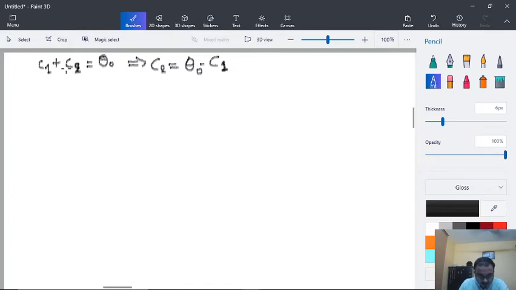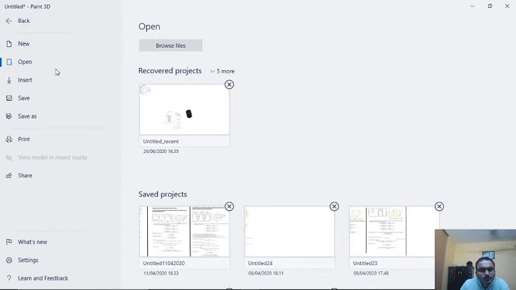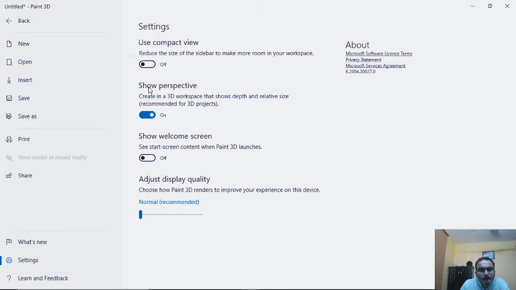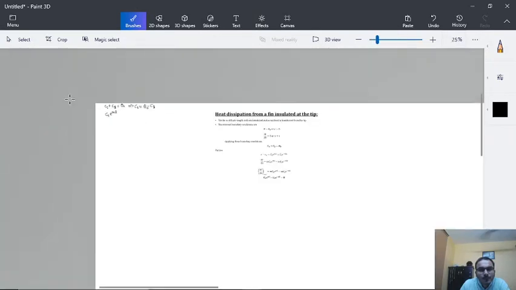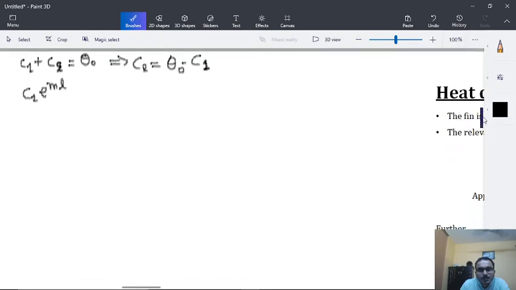Okay, that was our first boundary condition, and the next thing was the second boundary condition which was present in our previous slide: C1 e raised to ml minus C2 e raised to minus ml equal to 0.